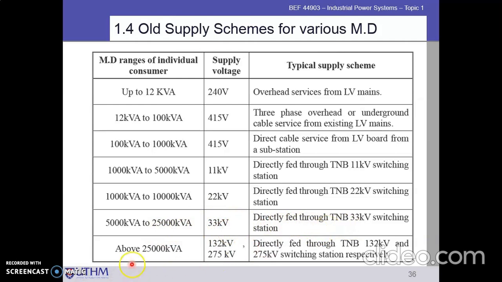Above 25,000 kVA, this one is for transmission, rated 132 and 275 kV, from generation to transmission. So also direct fed through TNB supply at 132 kV and 275 kV.